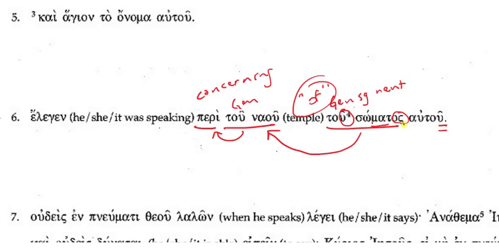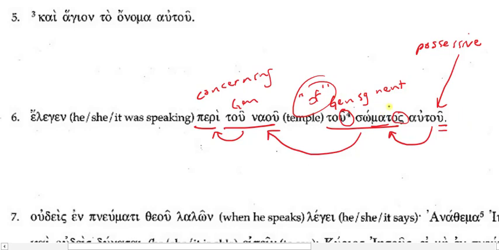Well, he is trying to bring out the exact nuance of the genitive. There's lots of genitive semantics, okay? The most common one we've been thinking of is the possessive semantics, right? Like here, the autou is genitive in relation to somatos as its head noun. Whose body? His body, right? So that's a genitive of possession.